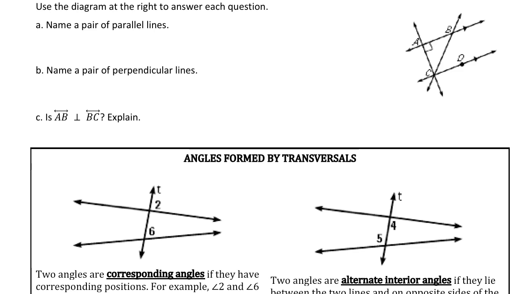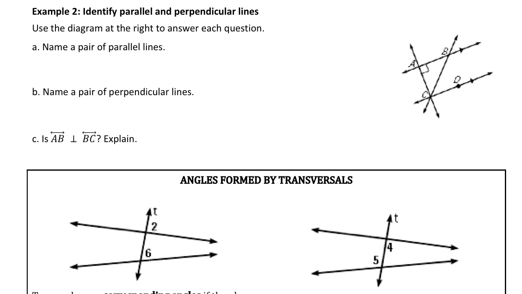So we're going to identify parallel and perpendicular lines, which we've kind of already gotten the definitions of these down in Unit 1. So we're going to use that diagram to answer these questions. We're going to name a pair of parallel lines. And part of this is just you being able to read markings. So if we look at these arrows, there's an arrow here, and there's a little arrow here.